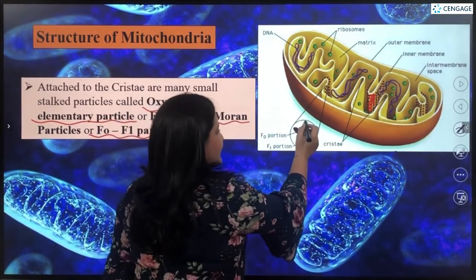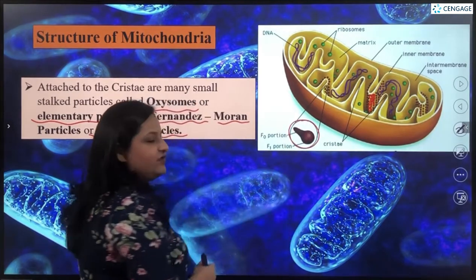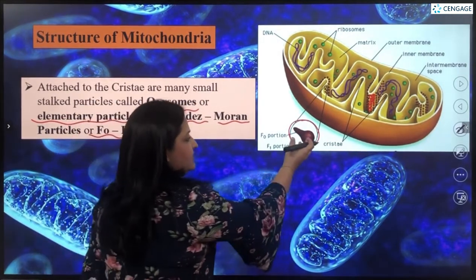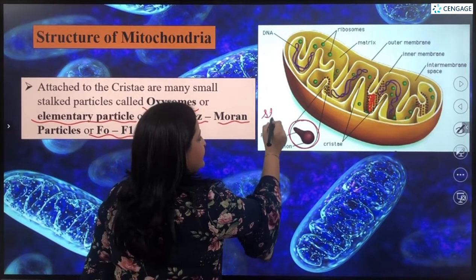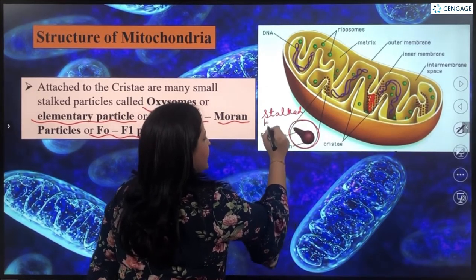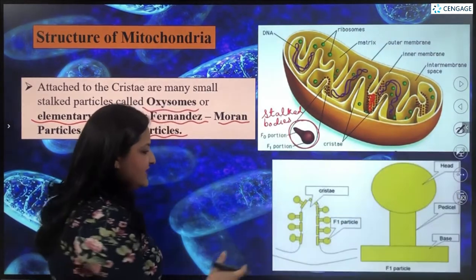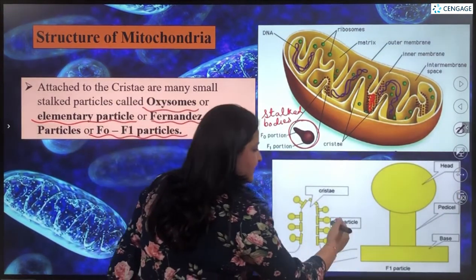And you can also see this is an expanded picture of the oxysomes. They look this way, and that is the reason they are also known as stalked bodies, because they have a stalk present in them. This is another expanded picture of the F0, F1 particles.